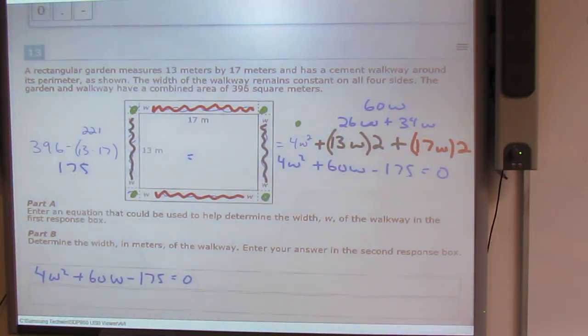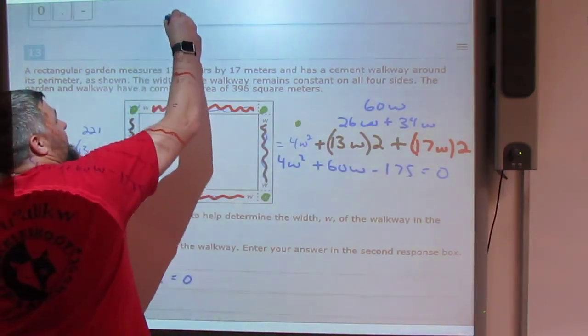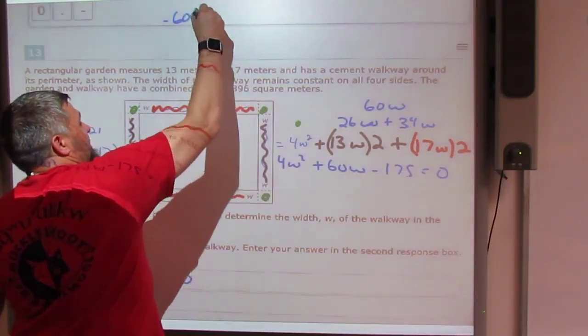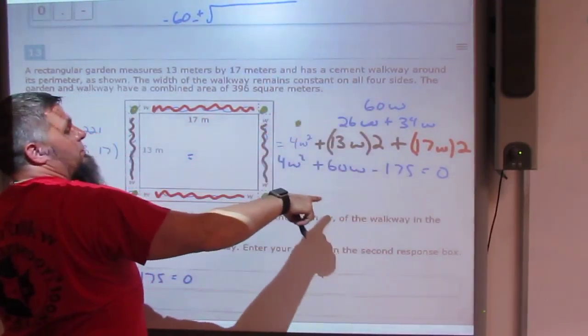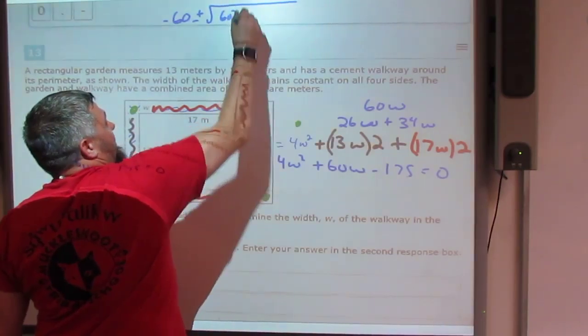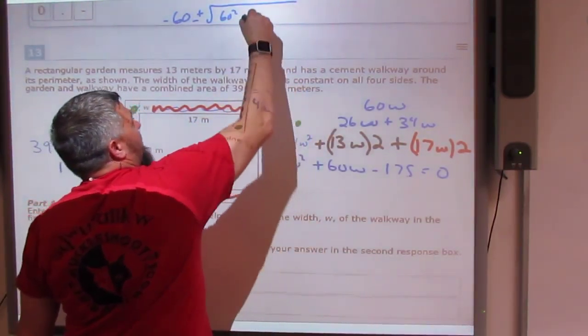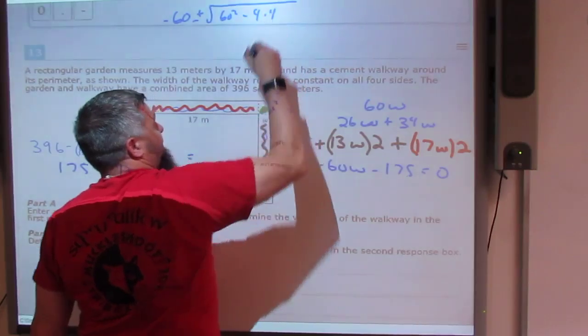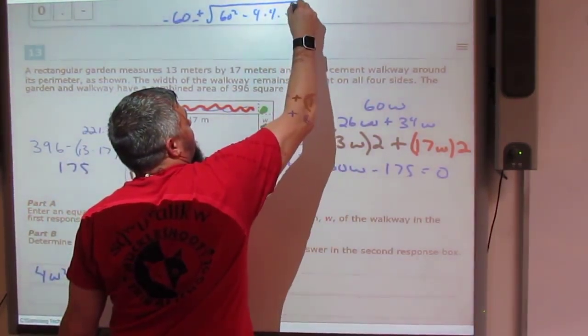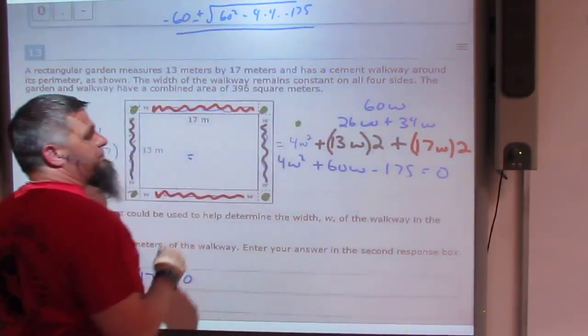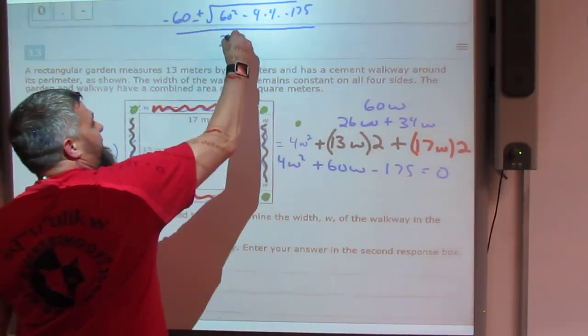So determine the width in meters. What I need to do is try to either factor it, or I can just throw it in my quadratic formula. Negative 60 plus or minus the square root of 60 squared minus 4 times 4 times negative 175, all over 2 times 4.